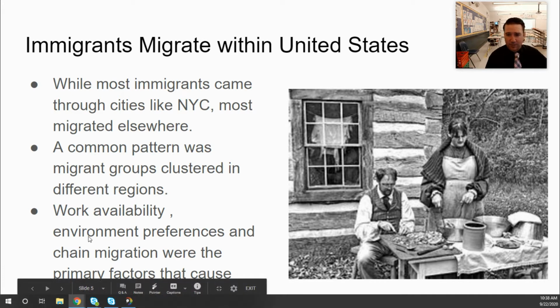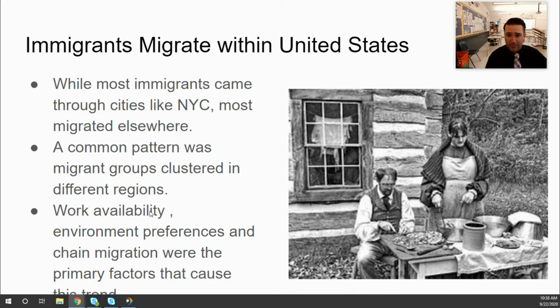Environmental preference could also be a factor because the United States has many climates and many different environments within its borders. And so some will move into areas that are more familiar and feel like home in some cases. It's not always the case, but that is another reason why they concentrate in certain areas.